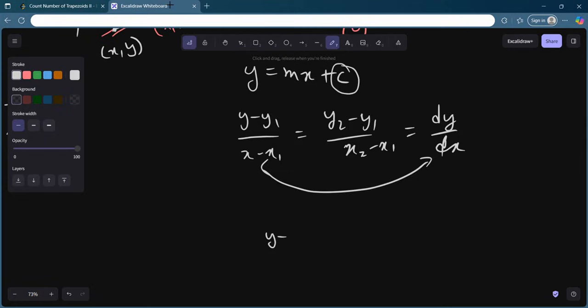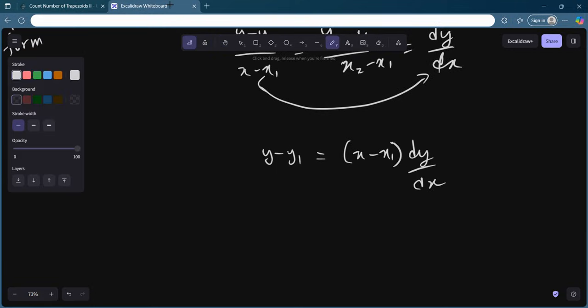We will get y minus y1 to be nothing but x minus x1 into dy by dx. And you can simply rearrange this to write y equals x dy by dx plus y1 minus x1 dy by dx.